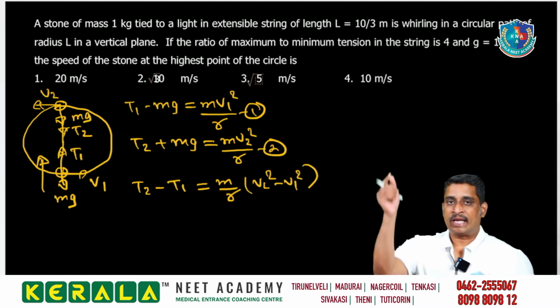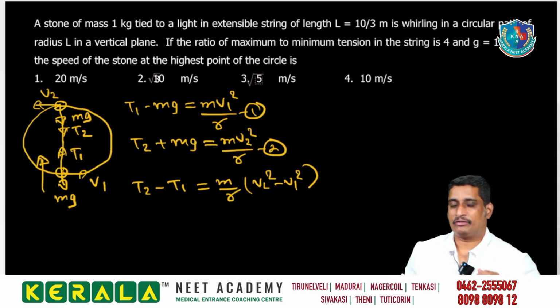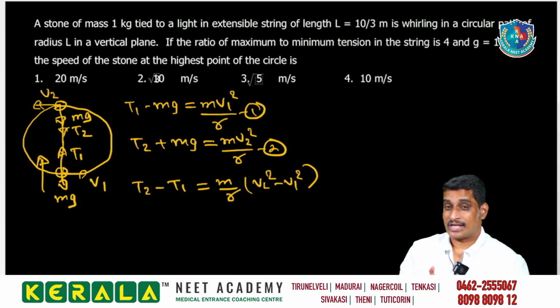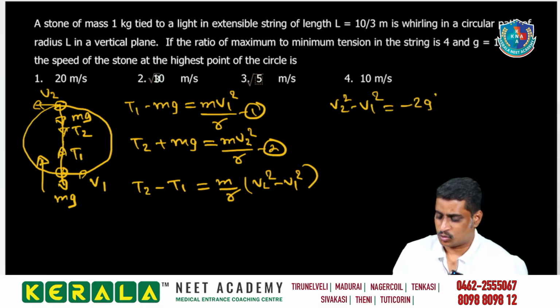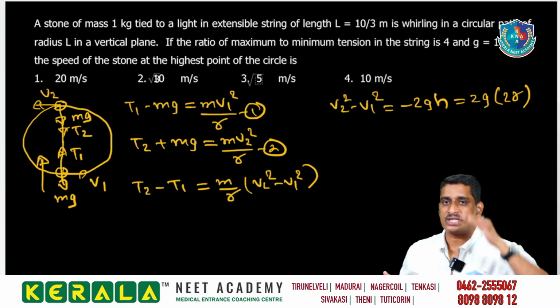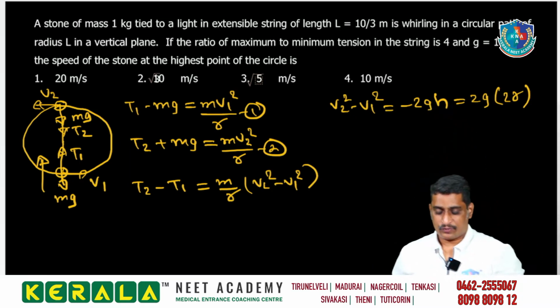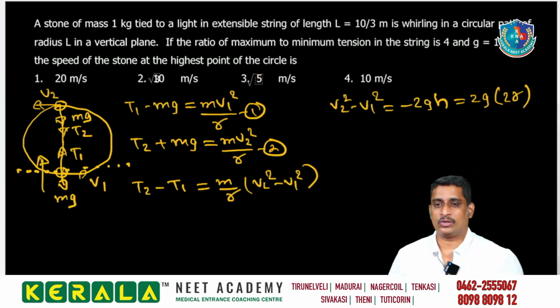In case of a vertical circular path, the relationship between velocities v1 and v2 we can calculate as in the case of a body projected vertically upwards. So we can take the equation v2 square minus v1 square equals minus 2gh. So this will be minus 2g into h, which is nothing but 2r, meaning from the bottom the total height will be equal to 2r.